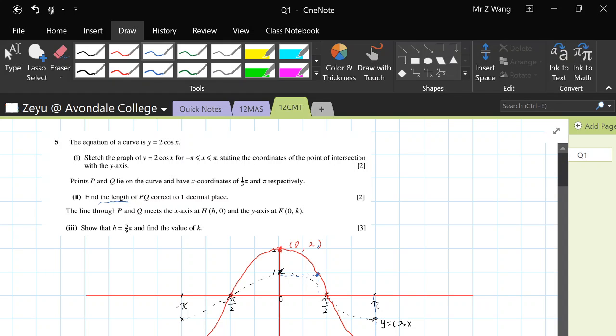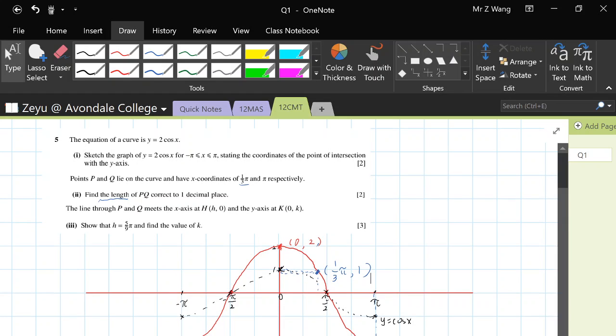This point is a special angle. 1/3 pi, you should immediately tell it's 60 degrees. Cosine 60 degrees is 1/2, so 2 cosine 60 degrees is 1. So this coordinate is (1/3 pi, 1).